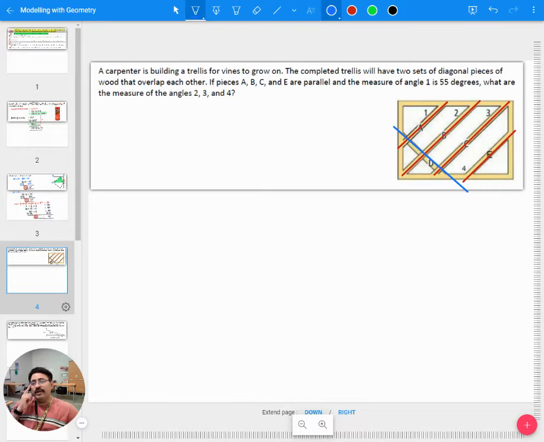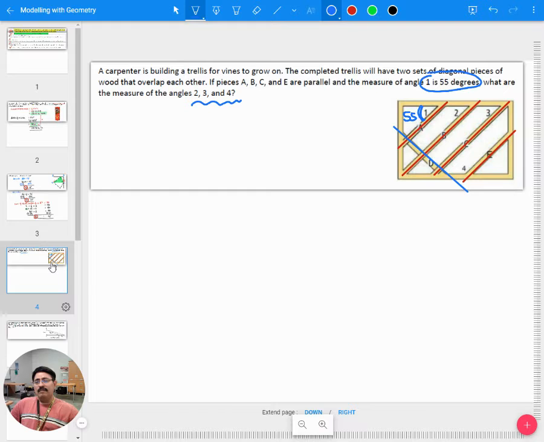Now, coming to the point, I see that angle 1 is given as 55 degrees. So this angle, you see, this one is given as 55 degrees. What are the measures of angle 2, 3, and 4?